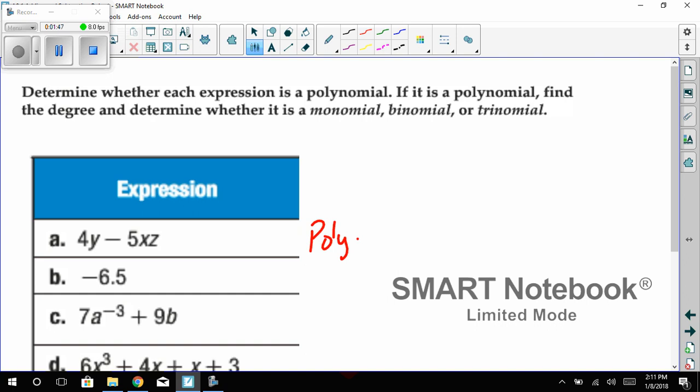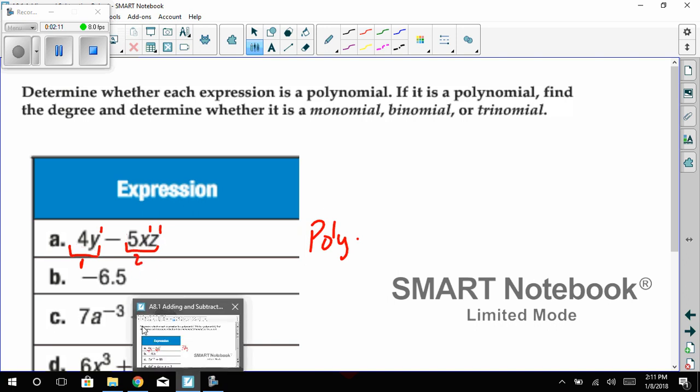trinomial. The degree is the sum of the exponents on the variables. In this case, the only exponent I have right there is 1, so that term has a degree 1. For the sum of these exponents, there's a 1 there and a 1 there, so that's 2.